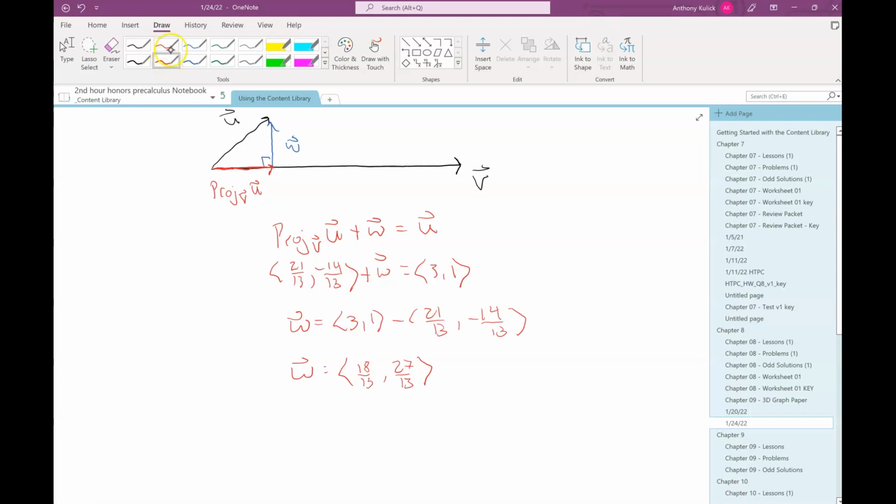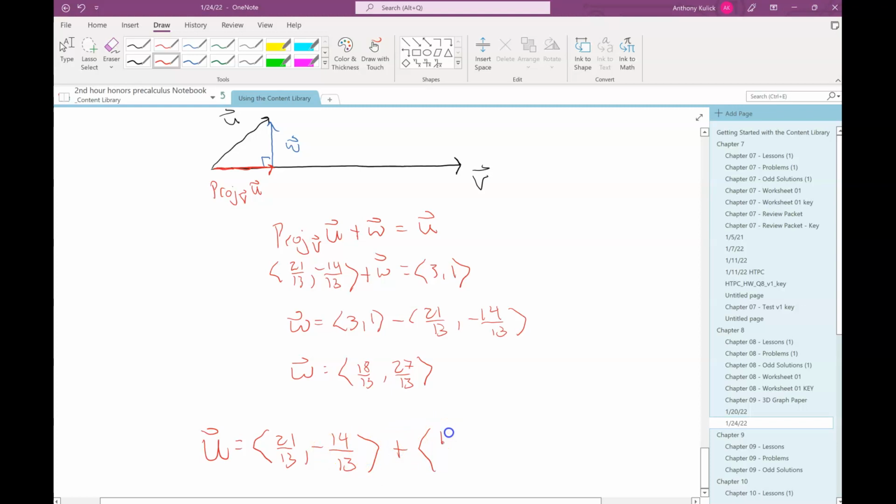So what I can do now is I can say U is equal to my projection, which was 21 over 13, comma, negative 14 over 13, plus this W, 18 over 13, comma, 27 over 13.